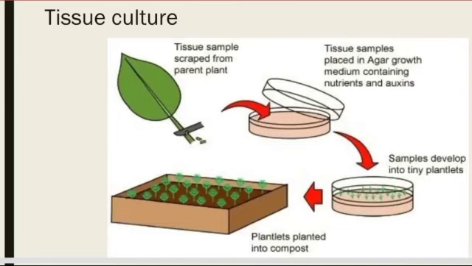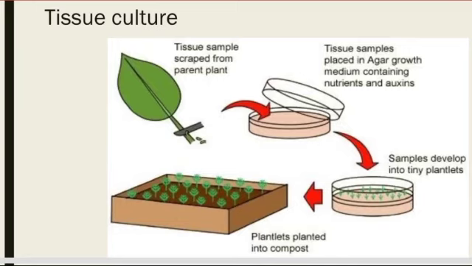This is tissue culture. Here we will be taking the desired plant part and transferring it into an agar medium. Agar medium is a medium which provides all the nutrients for the plant for proper growth. And other than that, it will have some auxins which will be boosting the growth of the plants.